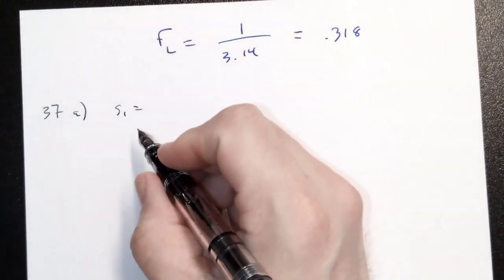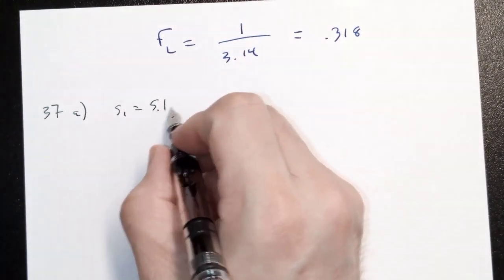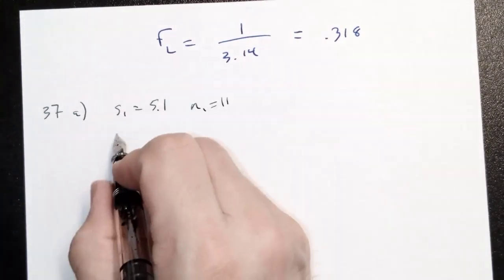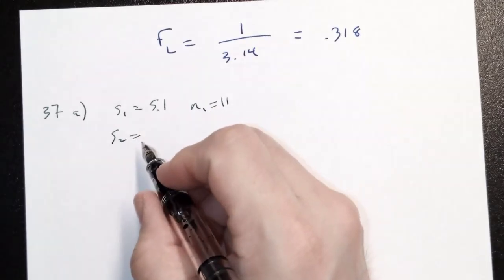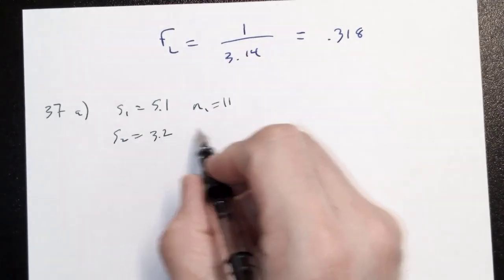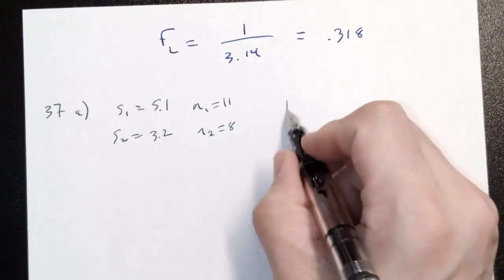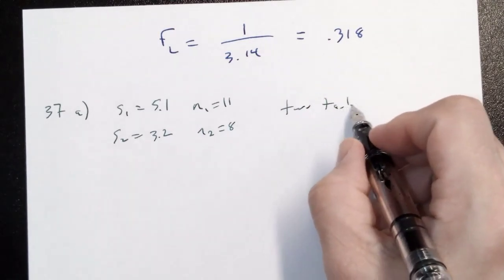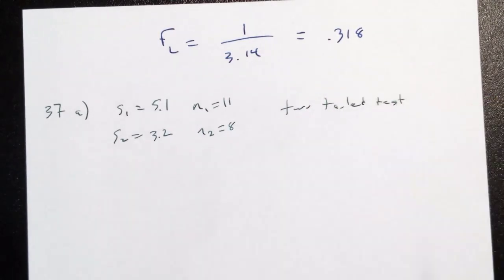S1 is 5.1, N1 is 11, S2 is 3.2, N2 is 8, two-tailed test. Okay, I'm doing a two-tailed test to determine whether or not the variances are equal. What's my null hypothesis?